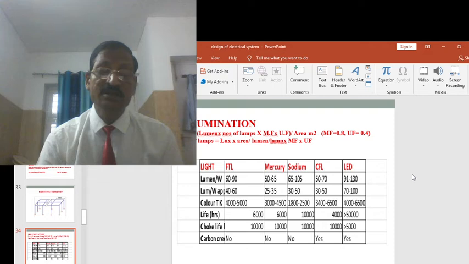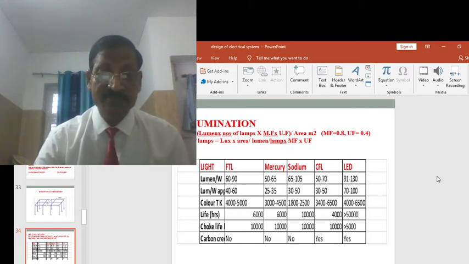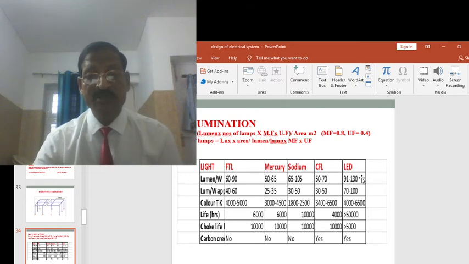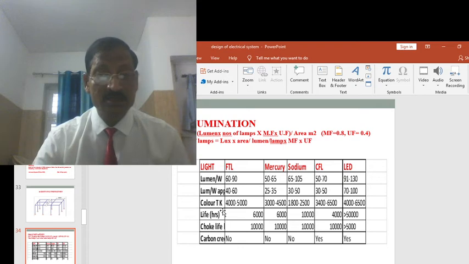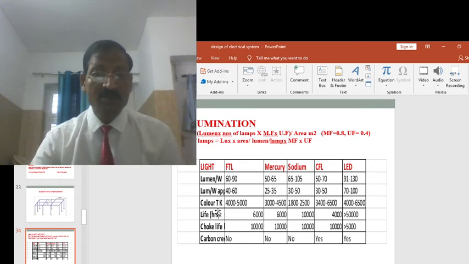We select the lights based on the area and lumens. For example, FTL lights, mercury, sodium, CFL light or LED lights, lumens per watt, and the total lumens, color, life of the lights, life of the choke, and carbon credit.